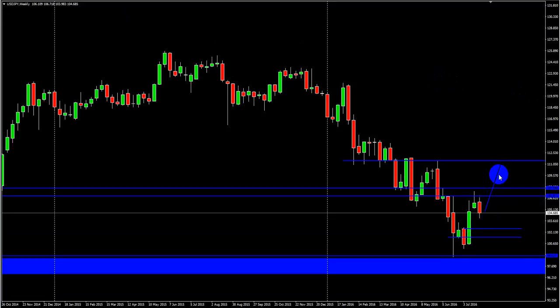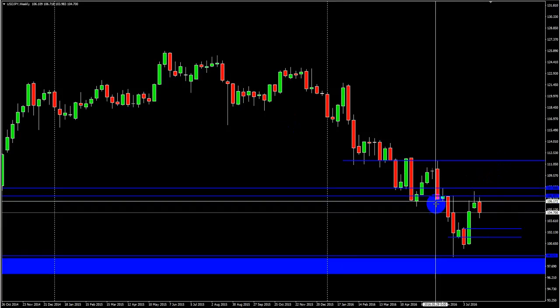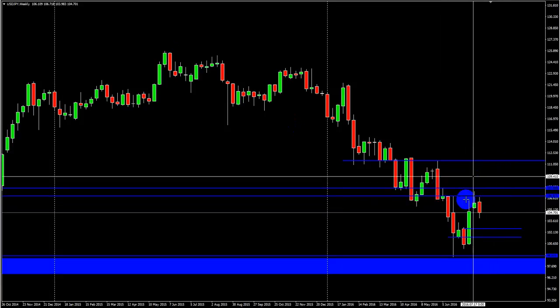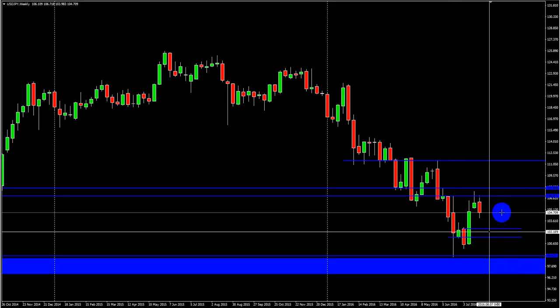Then, if we are going to take out last week's high, the next could be even 111. All right. So first, we are watching something around 106.75, 108. And if we are going to take it out, the next around 111, 111.50.